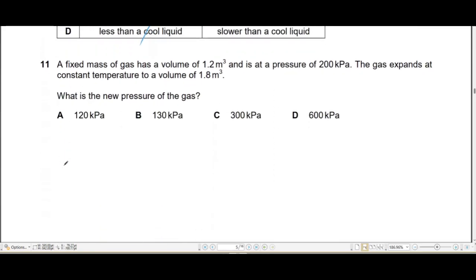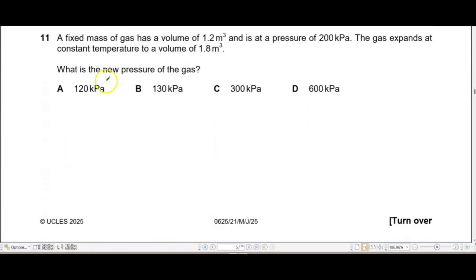Moving on to question number 11. A fixed mass of gas has a volume of 1.2 meter cubed and is at a pressure of 200 kilopascals. The gas expands at a constant temperature to a volume of 1.8 meter cubed. What is the new pressure of the gas? So let's apply our Boyle's law over here. P1 V1 is equal to P2 V2. All of these are in the same unit.